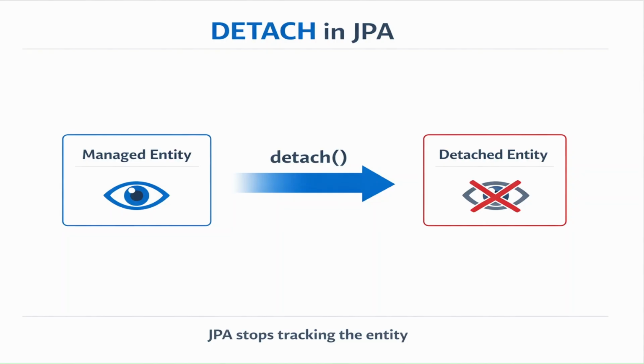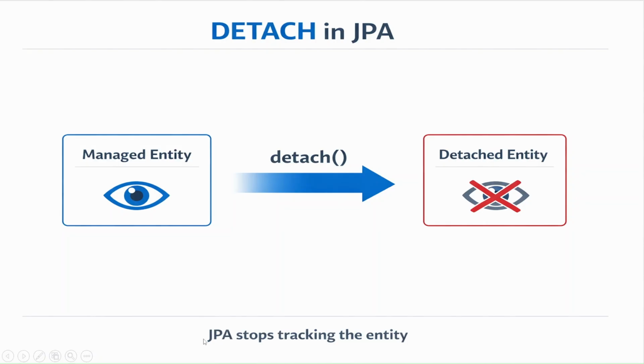So let's begin. First of all, let's understand what detach is. When a particular entity is detached, it means JPA is not tracking that entity.